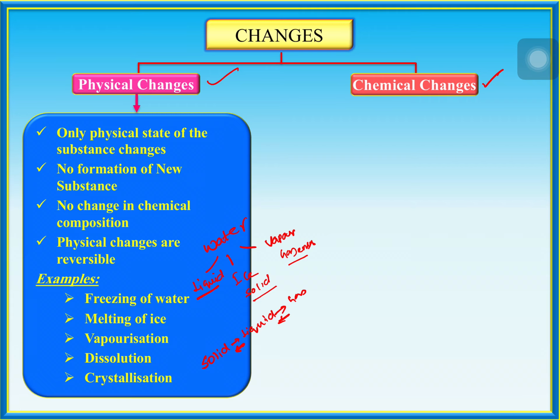So how it is looking outside, that is physical form. What is there inside, that is chemical form, that is molecular composition. So in physical changes, there is no change in the composition of the substance. When you look at water in liquid form, the constituent particles are H2O molecules. If you look into ice, the constituent particles are H2O molecules.